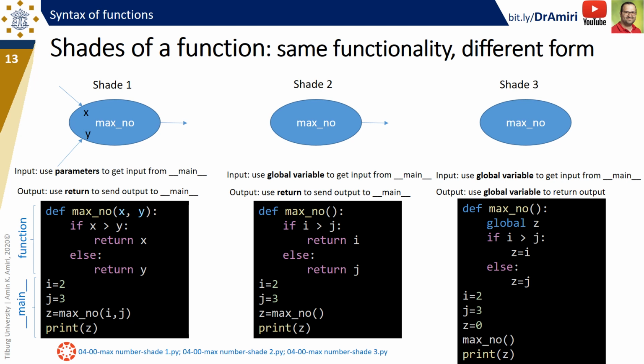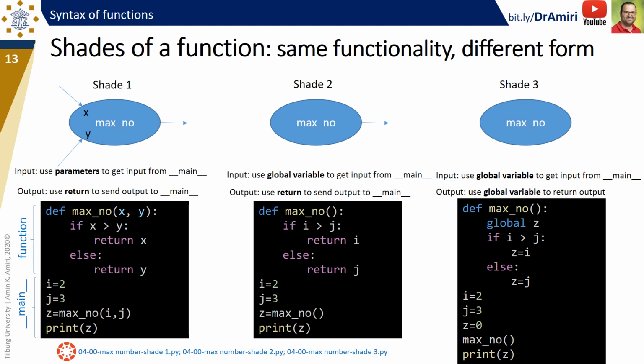So the exchange of data between the function and the main body is different, but the two functions do exactly the same thing. As you can see here, I have three shades of the function max number. They all calculate the maximum number: they get two numbers, calculate the maximum, and return it to the main body of the program.